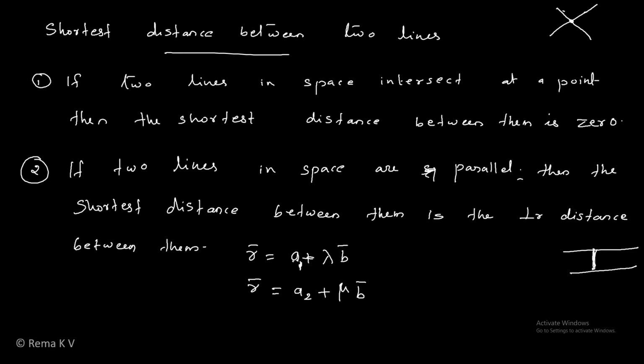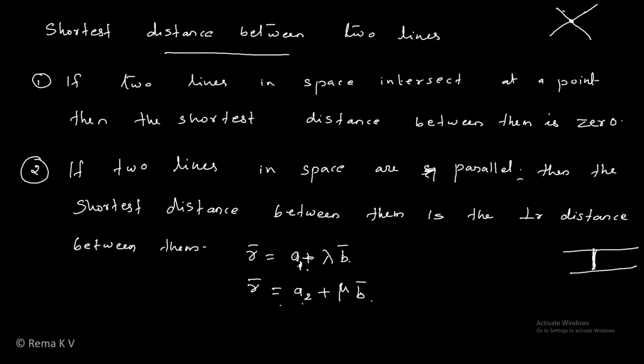The position vector of a point through which the line passes will be different here, a1 and a2, but the parallel vectors are the same. To identify parallel lines in a space, you can use r equals a1 plus lambda vector b, r equals a2 plus mu vector b. These two vectors are the same.